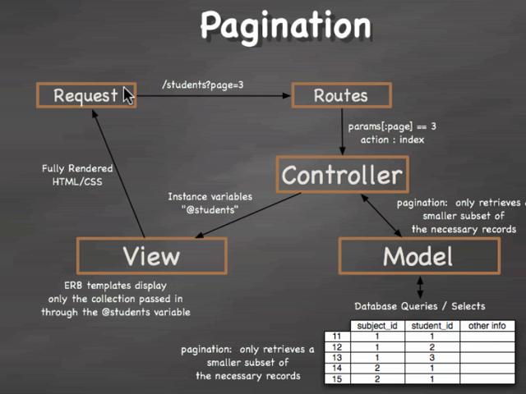Just one more view of that to show where my URL comes in through the routes, populates my page parameter, which I now can then pass completely into the model. The model does the pagination and retrieves a small subset, populates my instance variable into my view, which iterates through them using embedded Ruby and renders the text out to the browser.